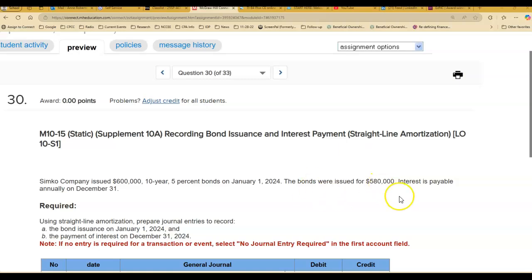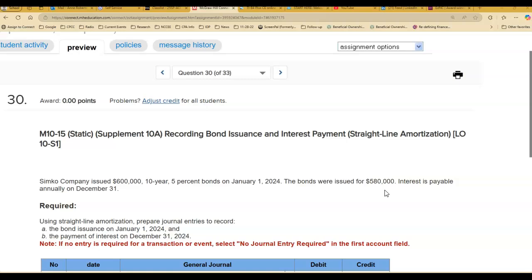Now, in this one, notice what happens here. It says, Simcoe issued $600,000 worth of bonds for $580. So are we issuing at a premium, a discount, or face value? A discount, right?